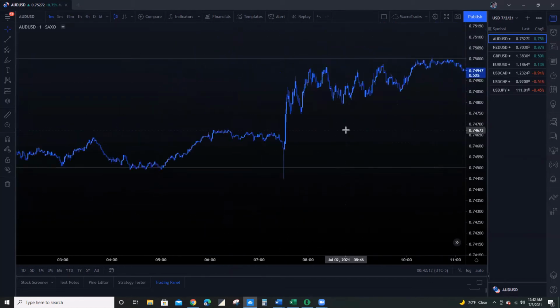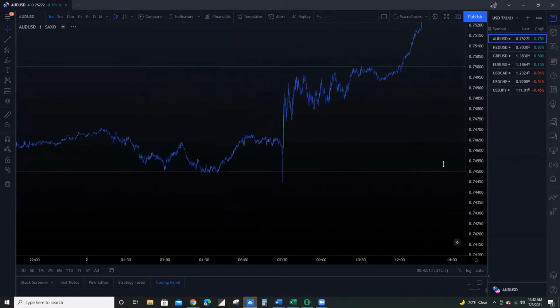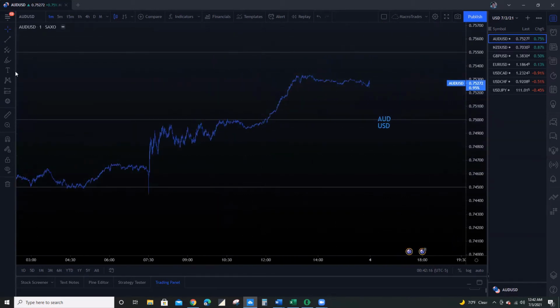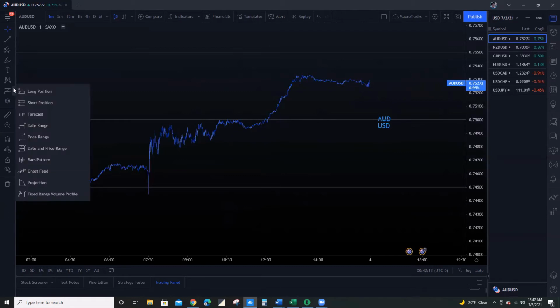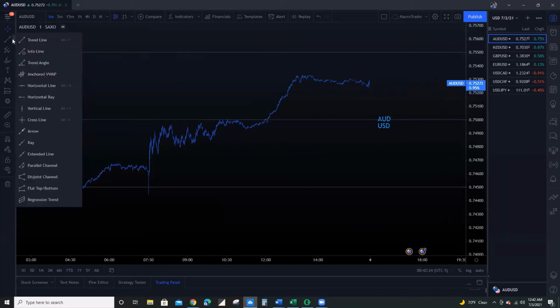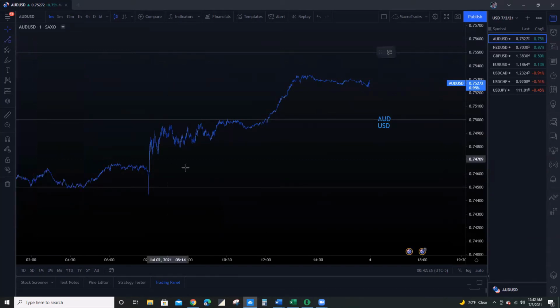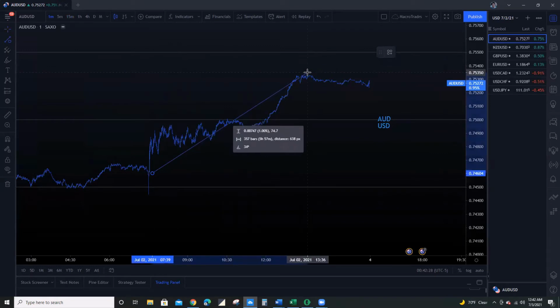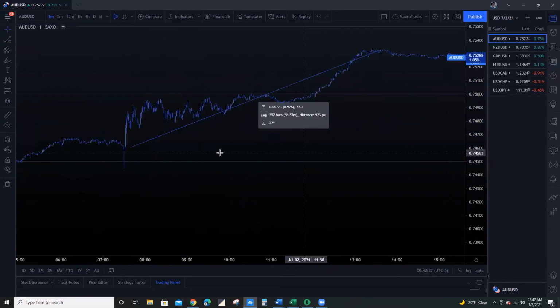Let's see. That's the 70 pips right there from after the first minute spike. I would have entered about the second minute for that.